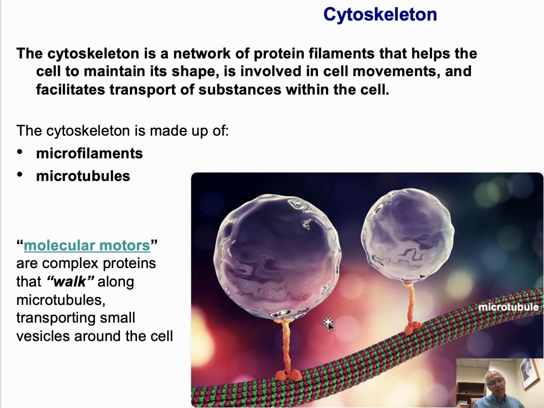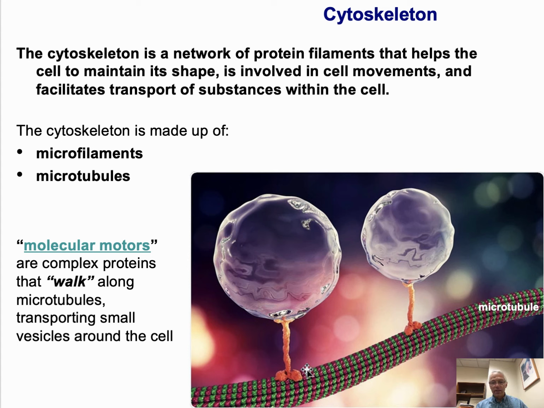The cytoskeleton is a network of proteins, and there are two major categories of proteins. There are others, but two major categories of proteins called microfilaments and microtubules. And the picture there shows some motor proteins walking along a microtubule and carrying little vesicles.